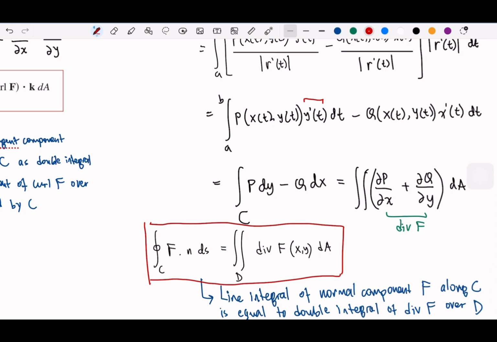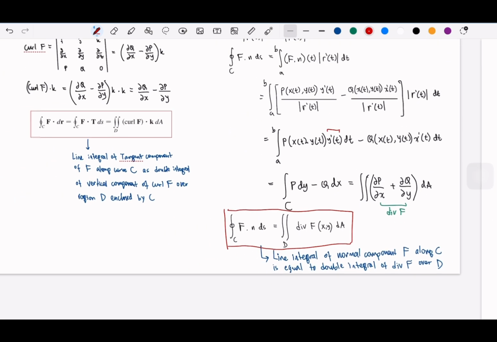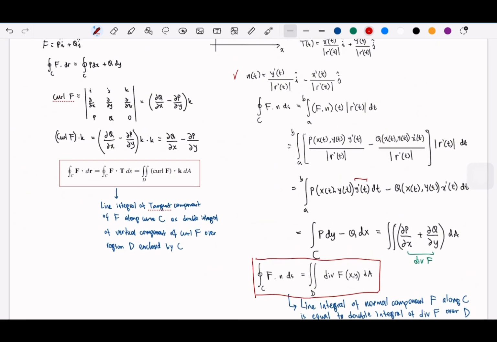You can make out the n. Then basically the line integral of this F dot n will be the divergence of F. So done the curl and divergence.